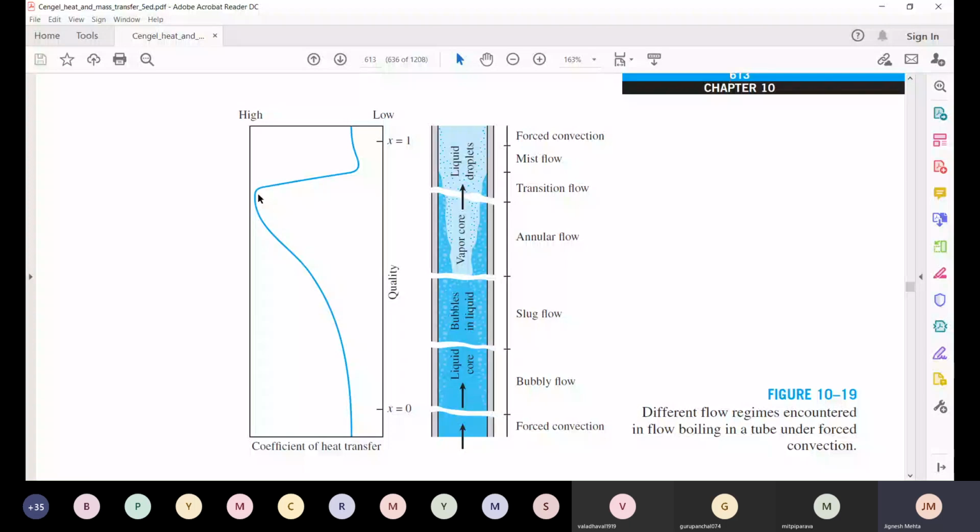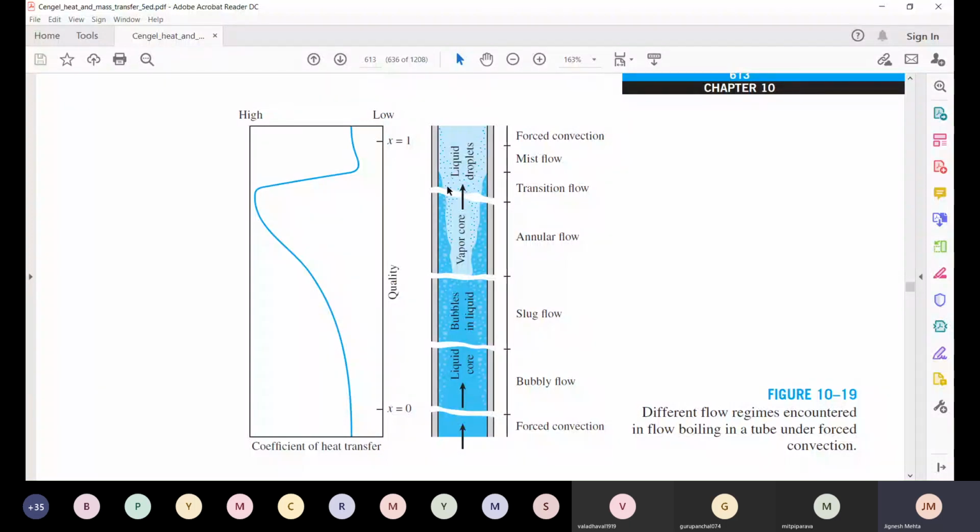Now beyond that, there is transition flow, something similar to the transition flow in pool boiling also. So what is happening is that now the liquid fraction is not high enough.